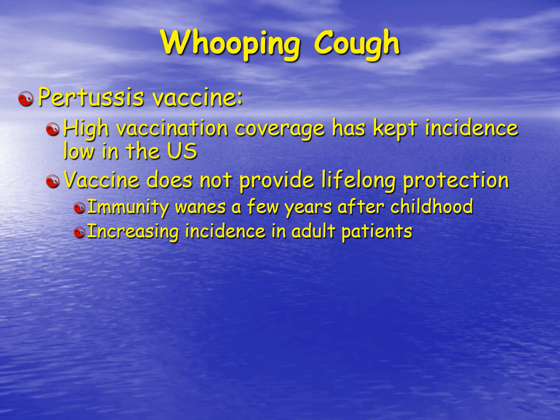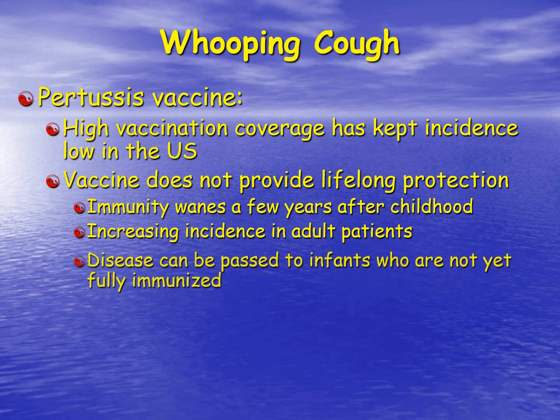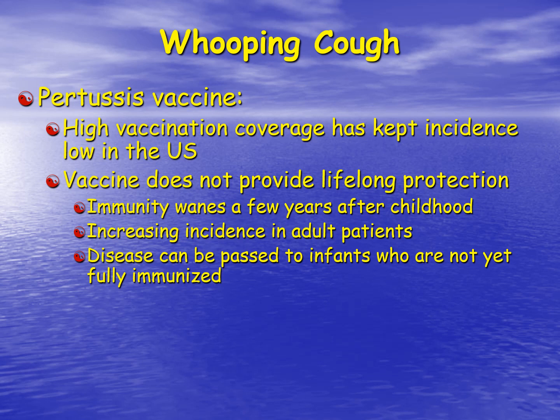We actually have seen increasing incidence of whooping cough in adult patients, and again, this is usually due to the lack of boostering of the vaccine. Disease can easily be passed to infants who are not yet fully immunized, and that's why anybody that's going to be around a newborn, it is highly recommended that they get a pertussis vaccine.